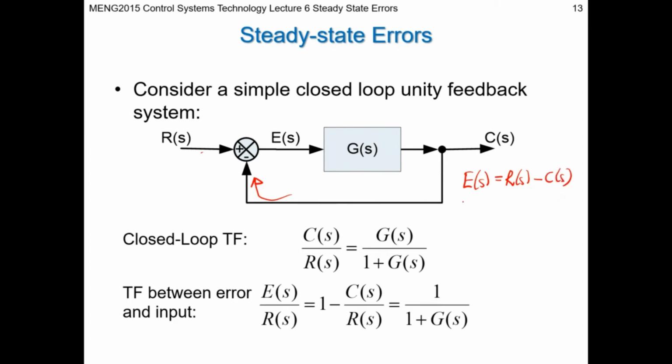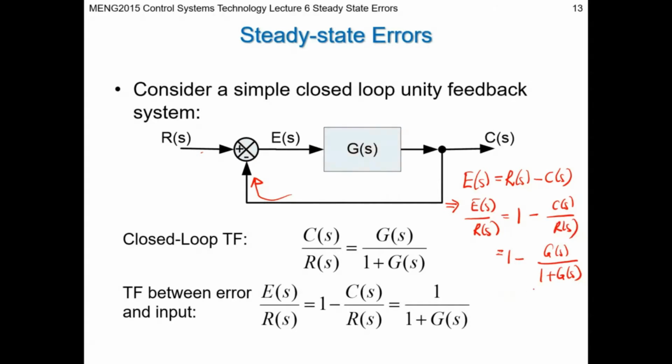If we then divide throughout by R to get our transfer function form, which is output over input, which is what we have here. But now we know that C(s) over R(s) is G over 1 plus G(s).